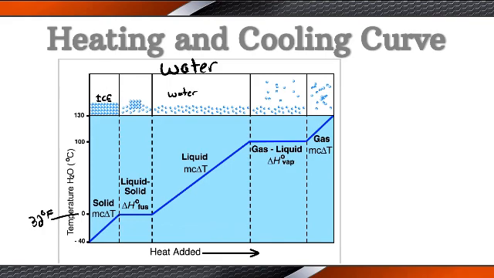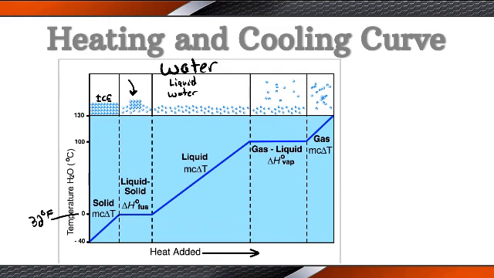All right, that's because we have to add a specific amount of energy to every single 1 gram of that H2O in order to get it to change from an ice state to a liquid state. All right, so I should put liquid right here.